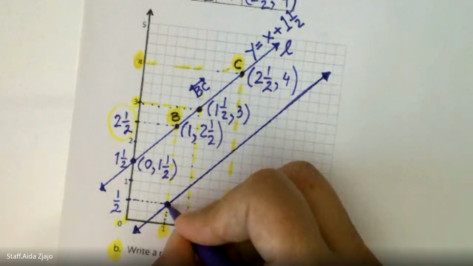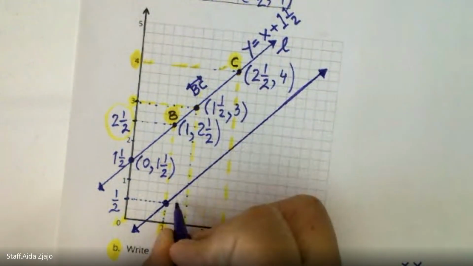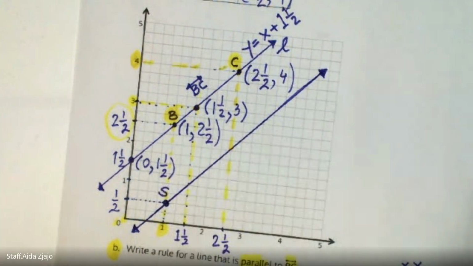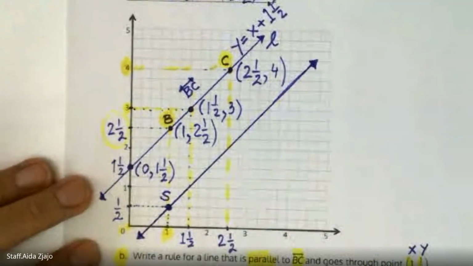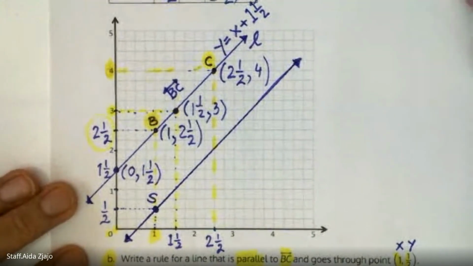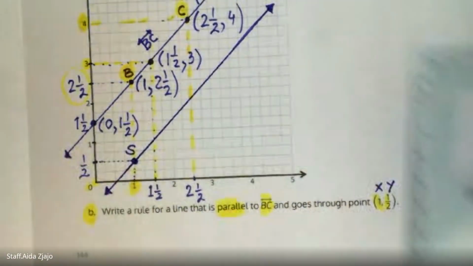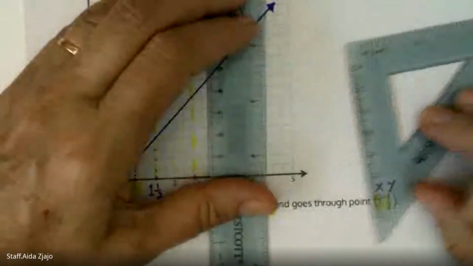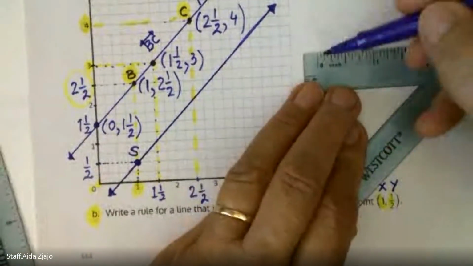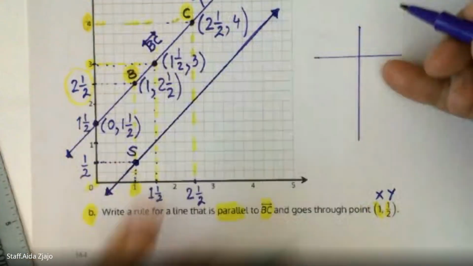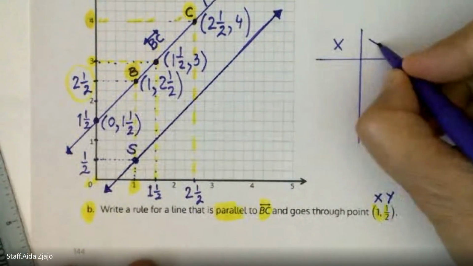I already have one point. Let's call that point S. I can find another point, and then I will have a pair of points. I can create a table here as well. I just do x and y.